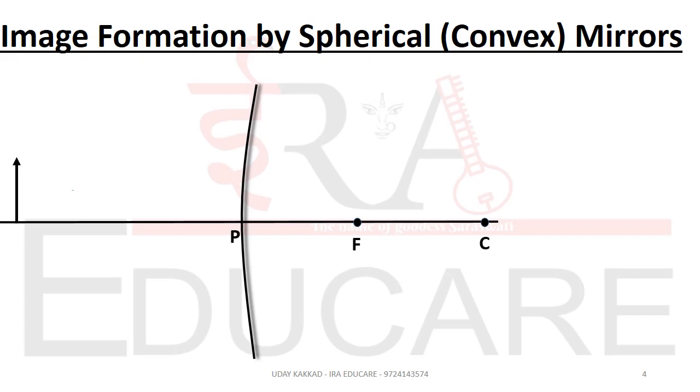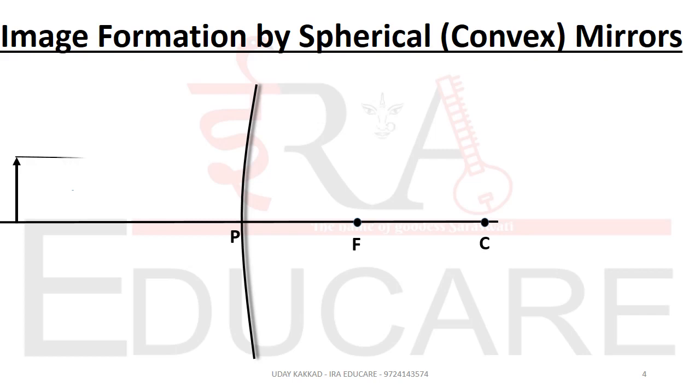So that's why I told you that the convex mirror is easier than the concave mirror, because a concave mirror has many possibilities, but a convex mirror has only two.